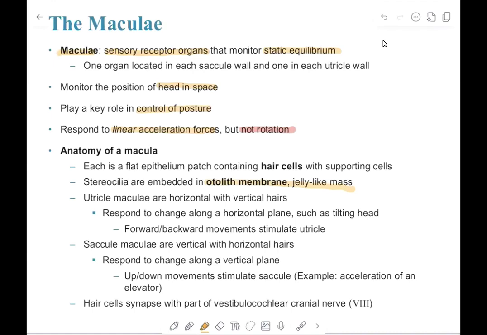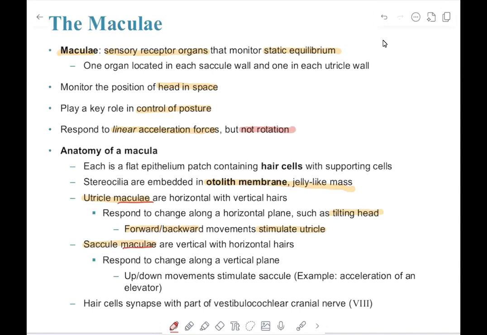So the utricle maculae are horizontal with vertical hairs, and they respond to tilting of the head. So it's important to remember this is forward or backward movements that stimulate the utricle. The saccule maculae, excuse me, and again, the maculae is the name of the receptor, not the specific vestibule.